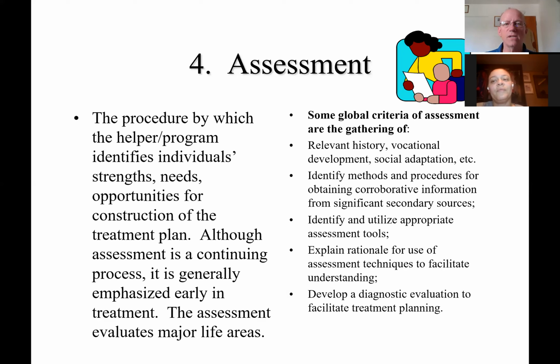So we want the relevant history. And one of the bullet points on our slide here is to identify and utilize appropriate assessment tools. There's a whole separate set of assessment tools that go along with determining the presence or absence of diagnostic criteria, the presence or absence of a substance use disorder, and what kind of substance use disorder there is.